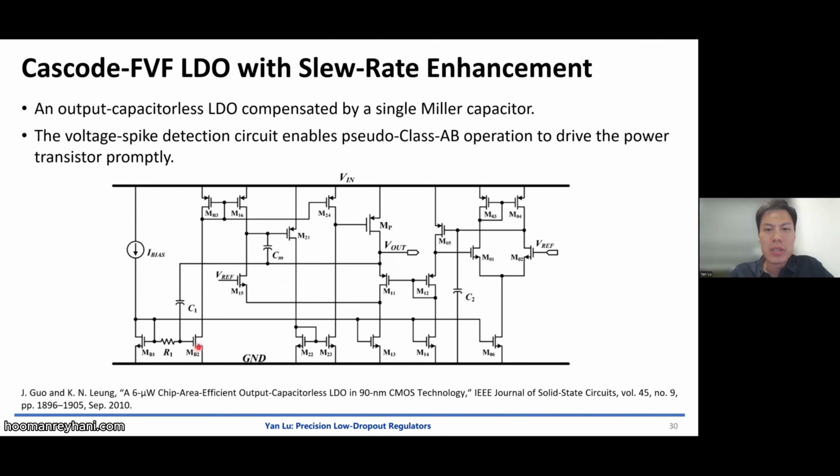So MB2, let's assume Vout increased. If Vout increases, the gate of MB2 increases, then more current goes through MB3, M16. You pull up the gate of M21, then it will be less current to support the Vout that has been higher than the standard value.